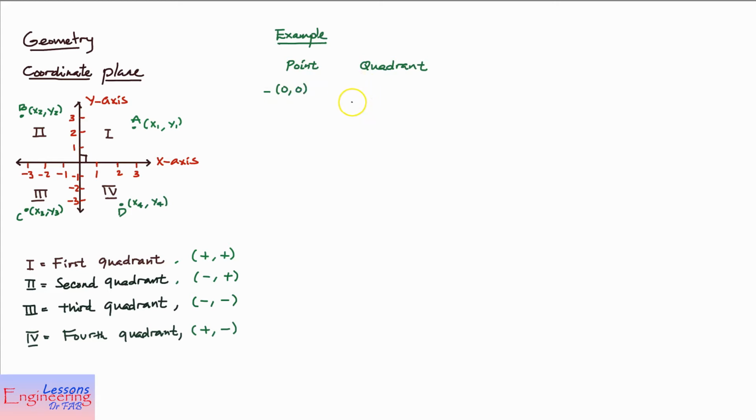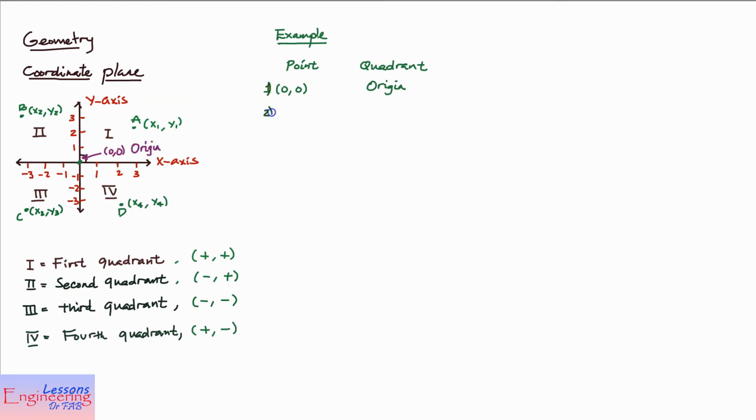Which quadrant is 0, 0? It is x = 0 and y = 0, so it is the origin. This is none of the four quadrants, but the unique condition where the point is the origin.